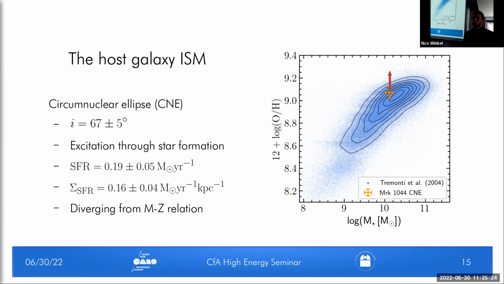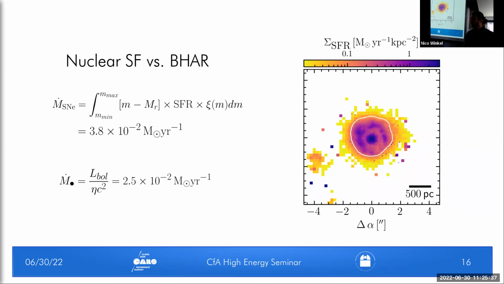Okay. Coming back to the star formation, I initially asked what processes might cause the AGN phase that we see in the luminous core of the galaxy. And we thought that maybe the star formation that is so close to the nucleus might be related to the activity. To test this, we have done a very simple comparison between the mass injection rate that is caused by the star formation.